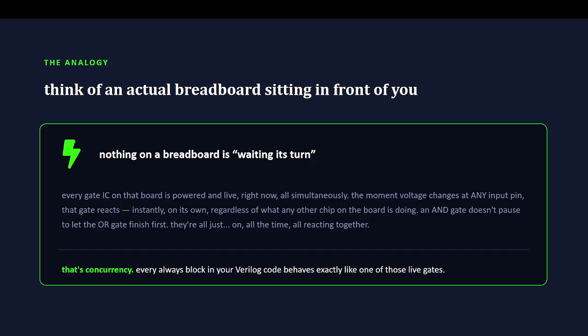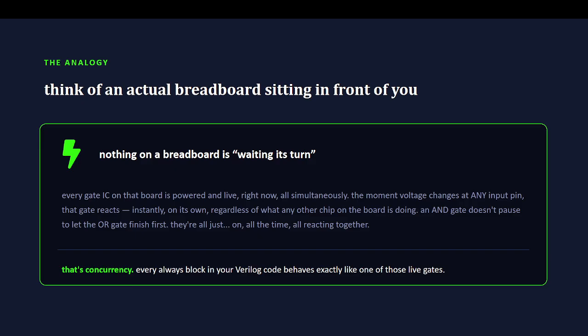The moment you connect that breadboard to a power supply, here is the thing: nothing on that breadboard is waiting its turn. Every single gate on every chip is powered, live, and actually watching its input pins, all at the exact same moment.